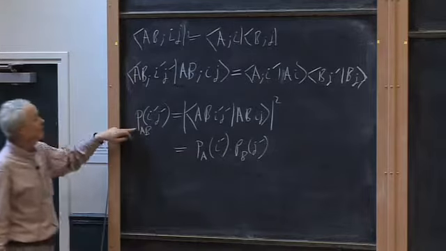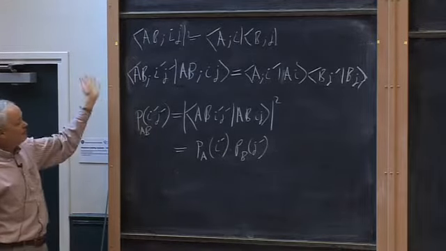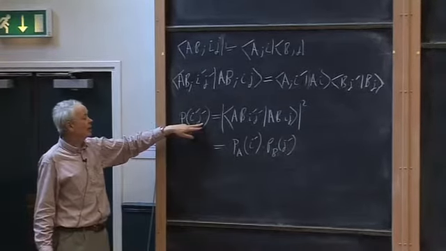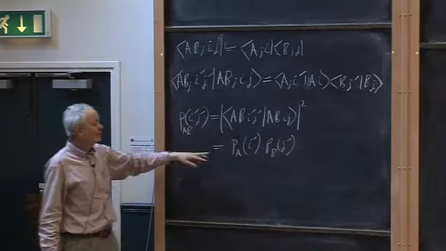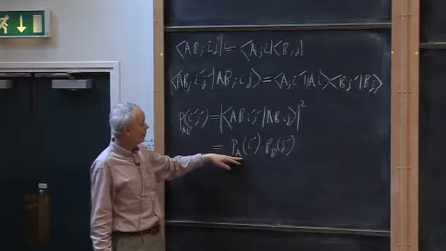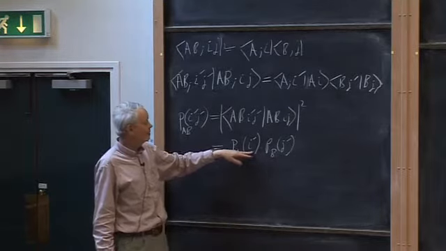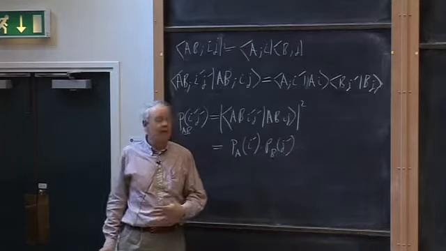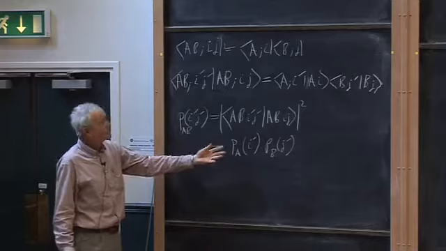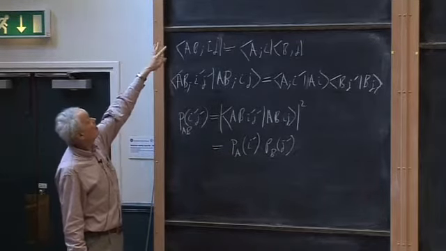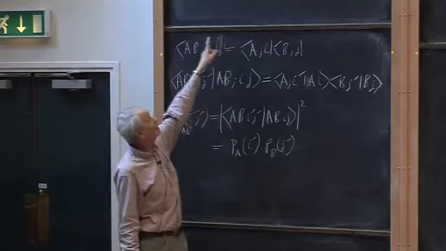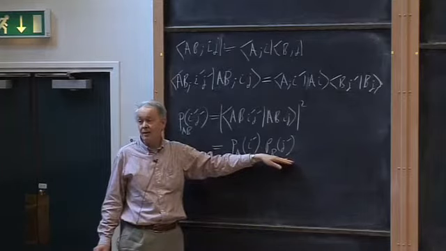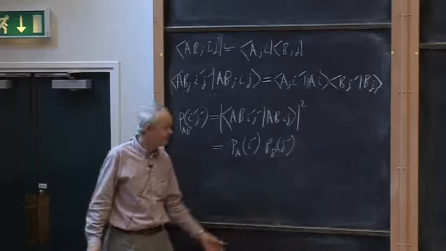So this says the probability that if I take measurements on my combined system, I find that A is in the I prime state and B is in the J prime state, is simply the product of the probabilities that the A system is in the I prime state and the B system is in the J prime state if you make individual measurements. So it makes perfect sense, and it's motivating. This is why we write the ket of the compound system like this. This symbolic multiplication is inherited from this law for multiplying probabilities in probability theory.